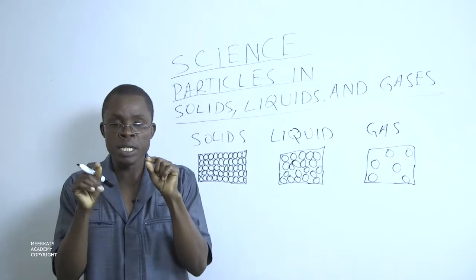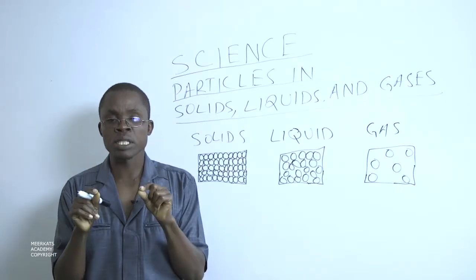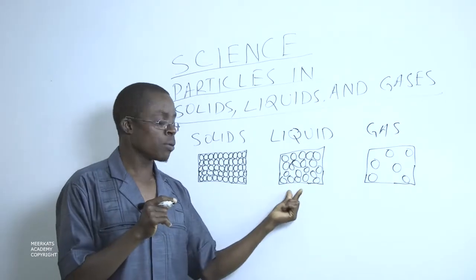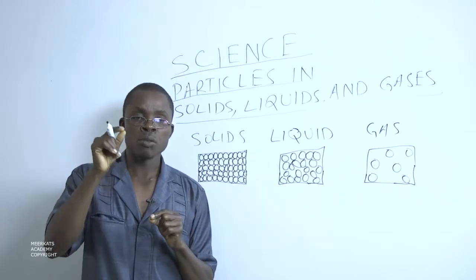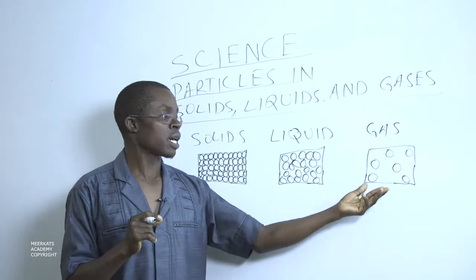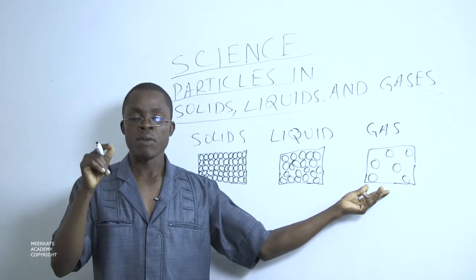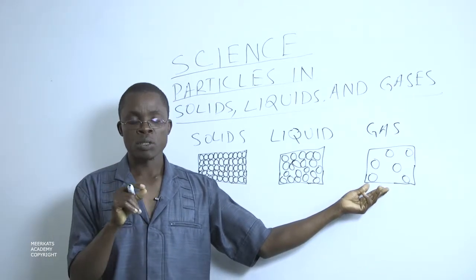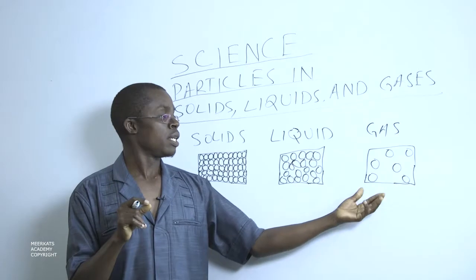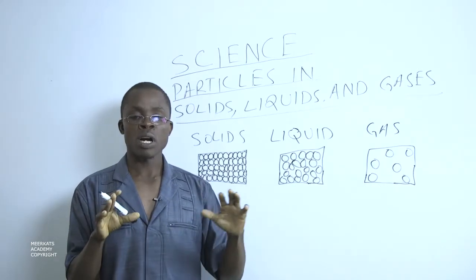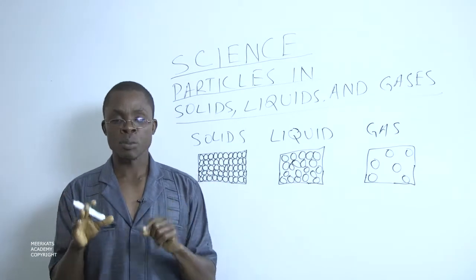This is hidden in the forces attracting the particles. In the liquids, the force is a little bit stronger, but in the gases, the force is very weak. So being very weak, it allows the particles to move as far apart as possible.